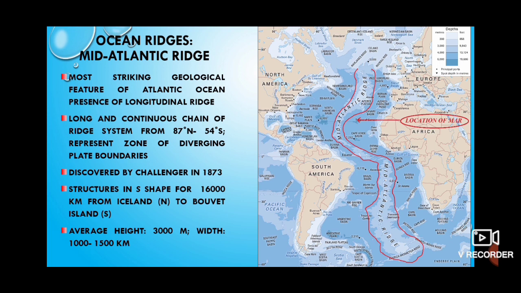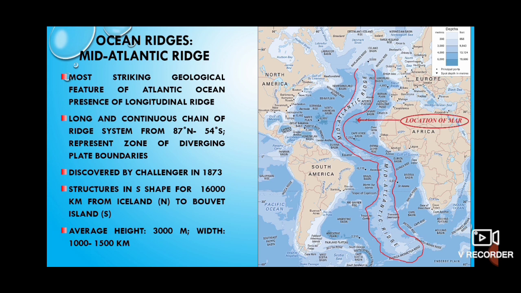The most striking geological feature of the Atlantic Ocean is the presence of a longitudinal ridge known as the Mid-Atlantic Ridge. It is a long and continuous chain of ridge system that runs from 87 degrees north to 54 degrees south latitudes.